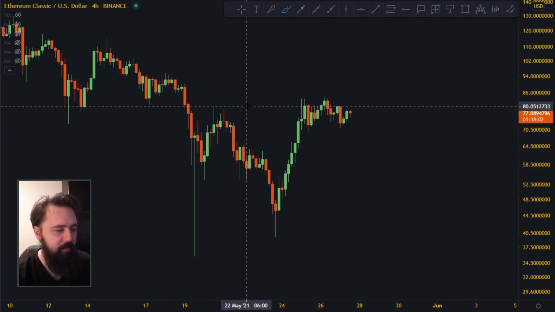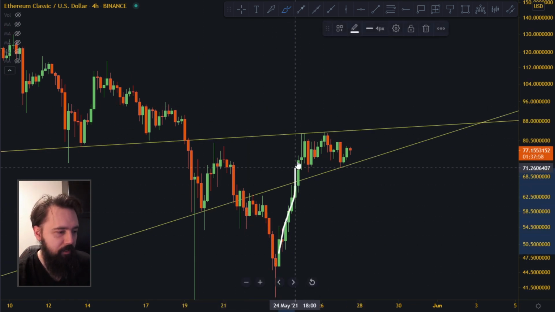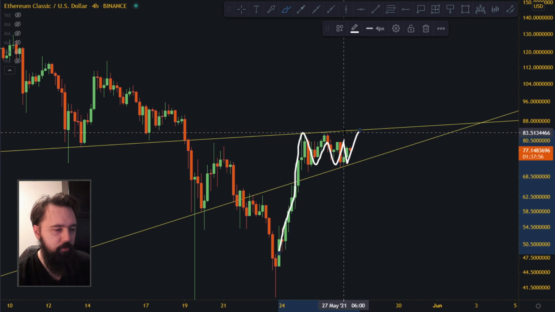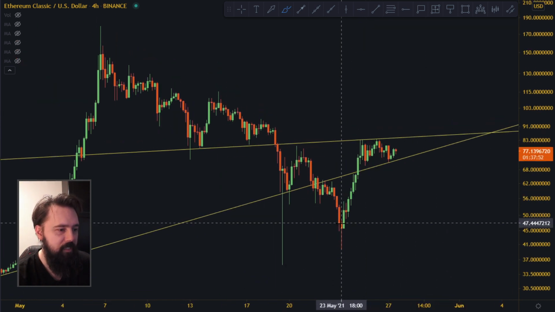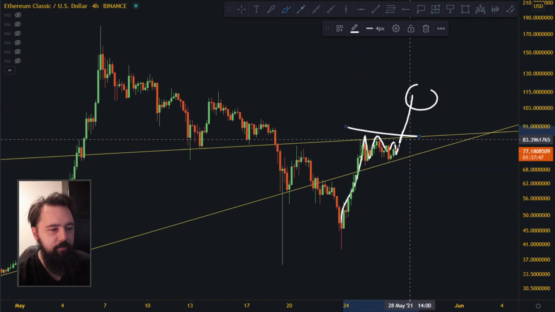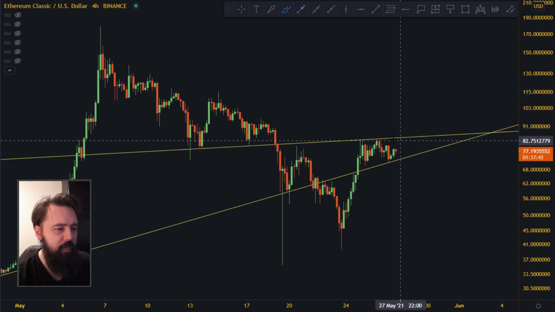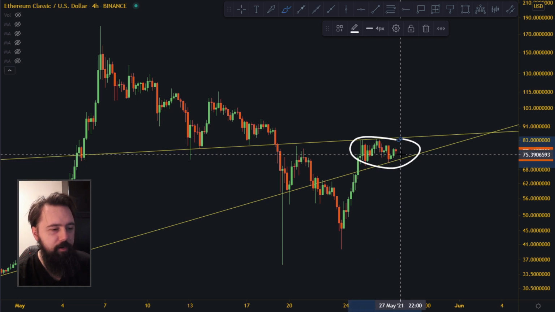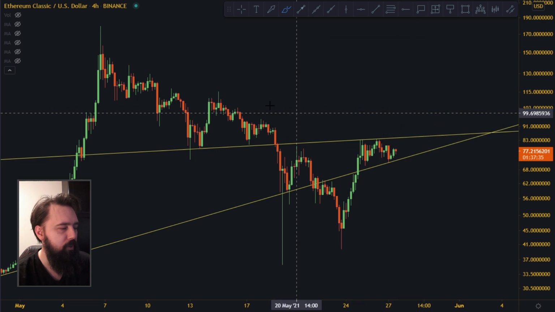Now, if that's correct, and our ascending triangle is correct, this should break on the upside. It's a nice pattern forming up here, and if it is a bull flag or pennant or whatever you want to call it, it should break on the upside, and it shouldn't take too long because we're already quite far inside this pennant, and I'm thinking it should break to the upside.